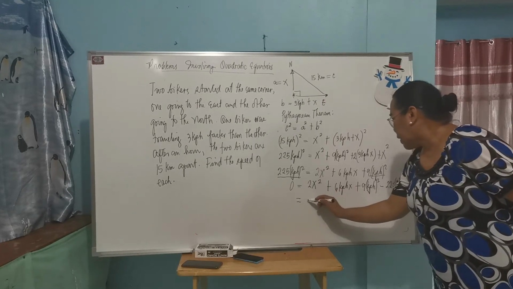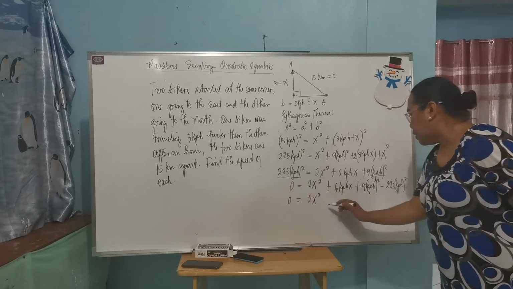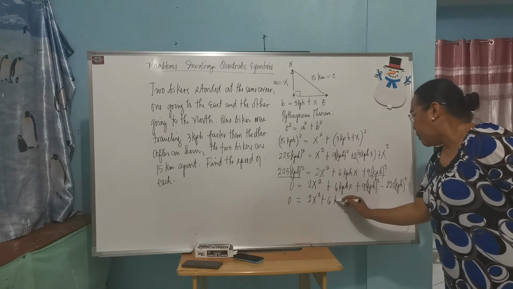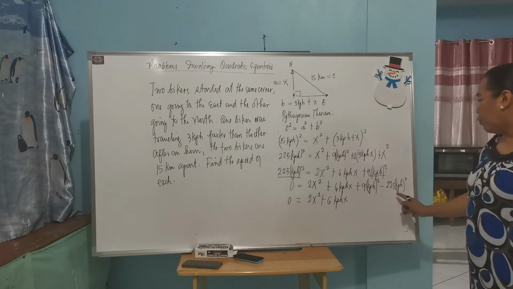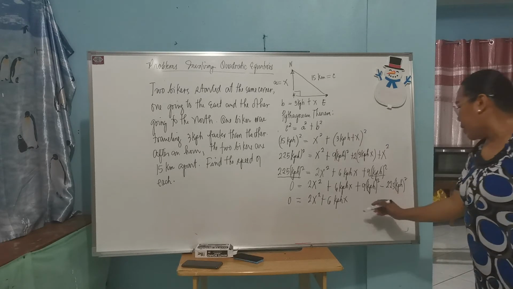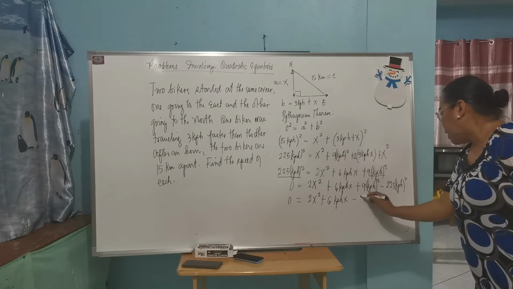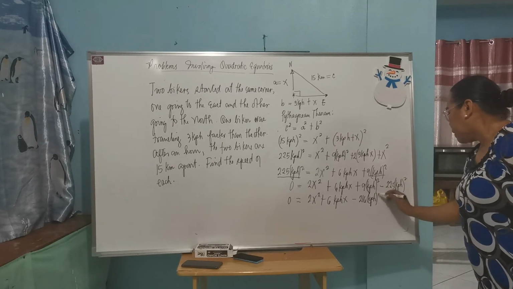So this would give us your 2x squared, of course here is your 0, plus your 6 kilometers per hour times your x. Subtract your 225 with your 9. So what is 225 minus 9? This would be negative 216 kilometers per hour squared.